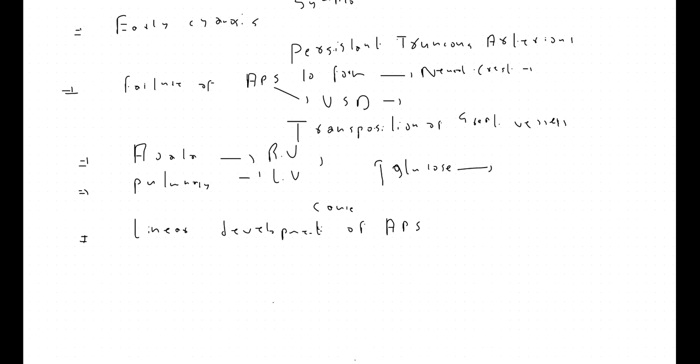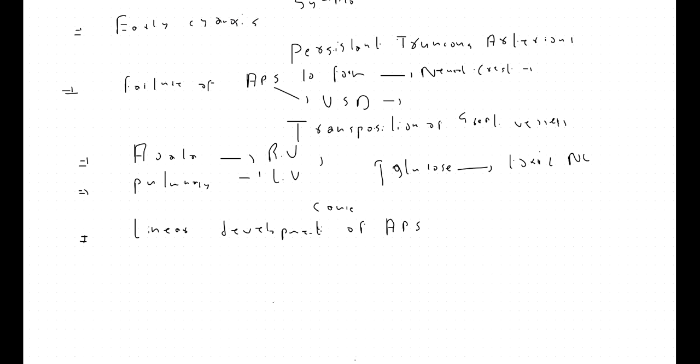The glucose is very toxic to the neural crest cells, so glucose will interfere with the function of the neural crest cells. When the function of neural crest cells is impaired, it will lead to linear development of the aorticopulmonary septum. So you are going to get transposition of great vessels.